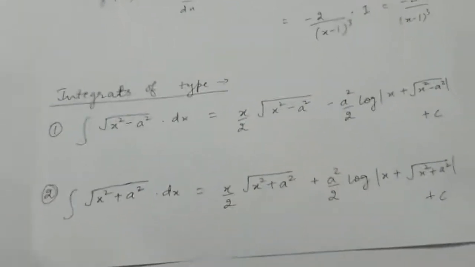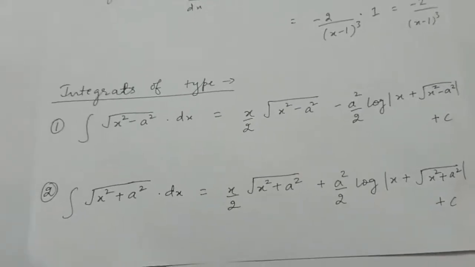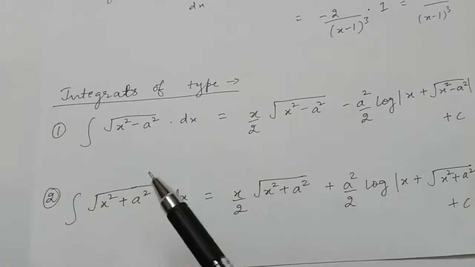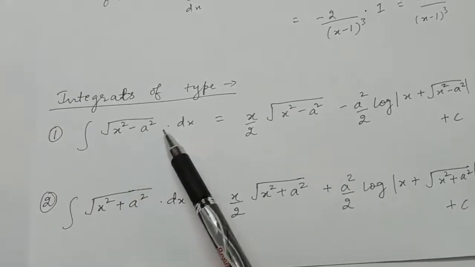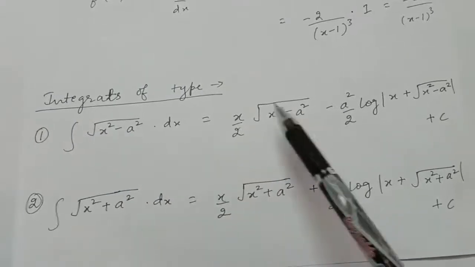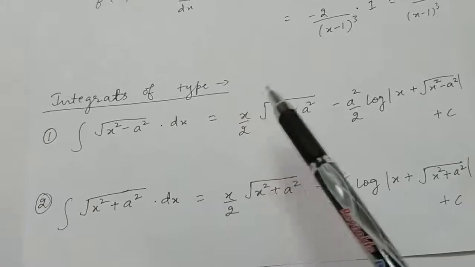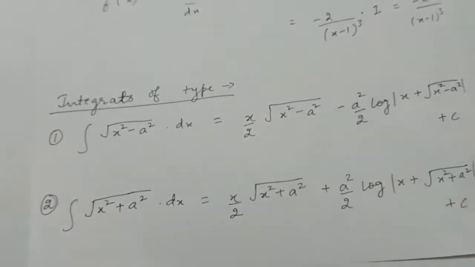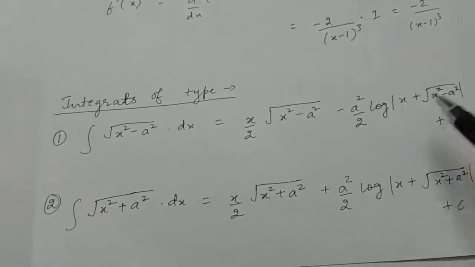Now see, because this topic has been deleted from the syllabus, I am just telling you the formulas. You have to learn these formulas because direct questions can be asked. What is the integral of root of (x square minus a square)? It is equal to x by 2 into this complete term as it is, minus a square by 2 into log of (x plus root of (x square minus a square)).